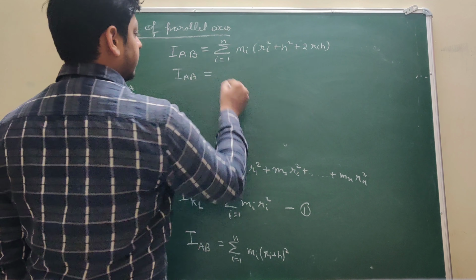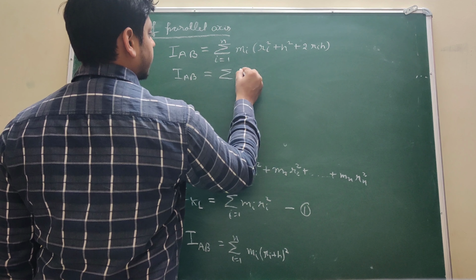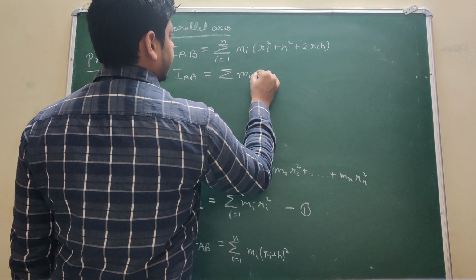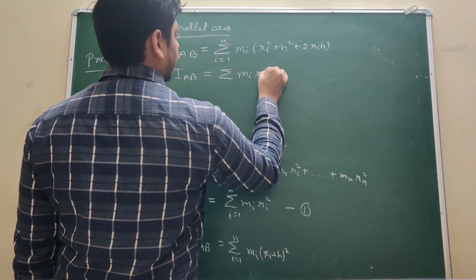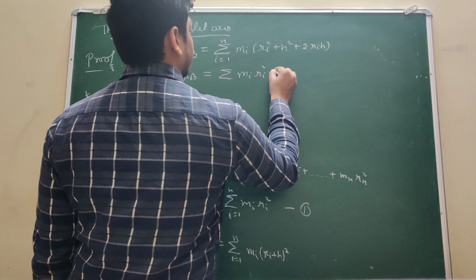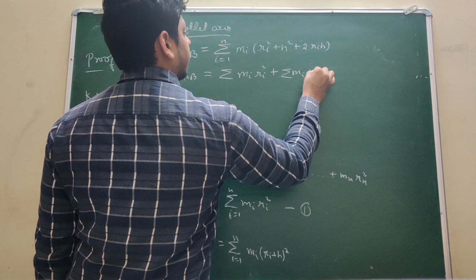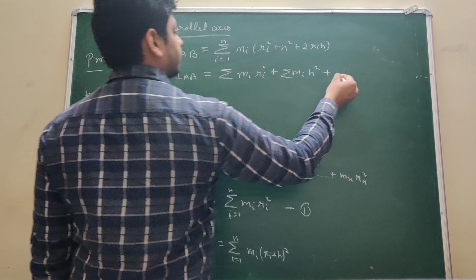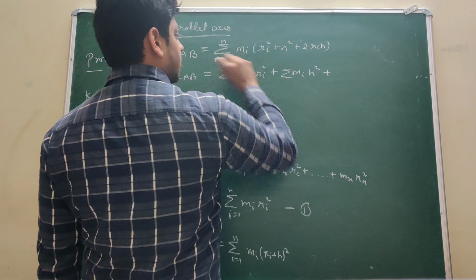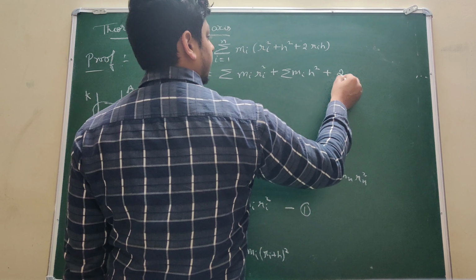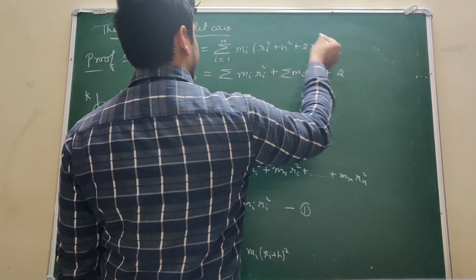And IAB is the summation of mi ri square, plus the summation of mi h square, plus 2, which is a constant, so we can take it outside the summation, and h is also constant.